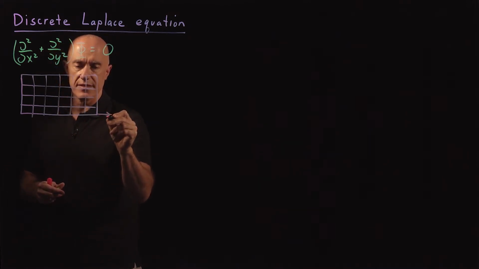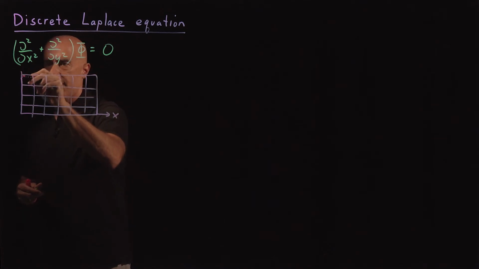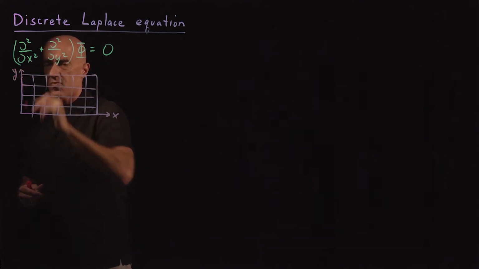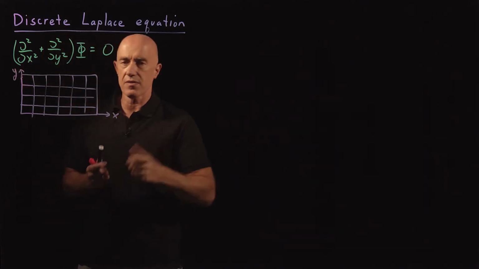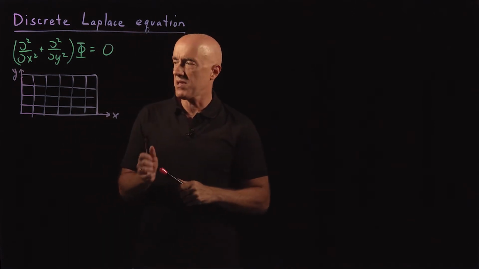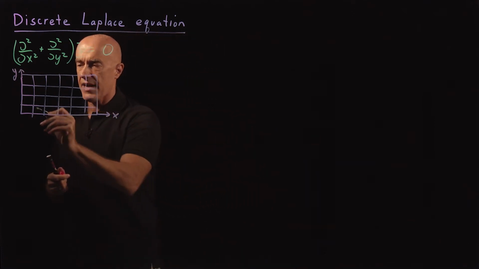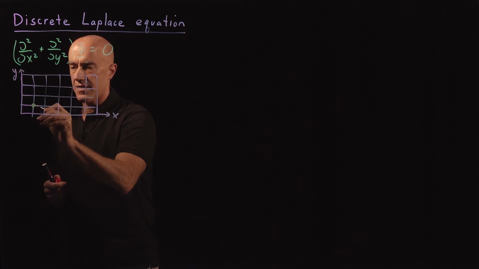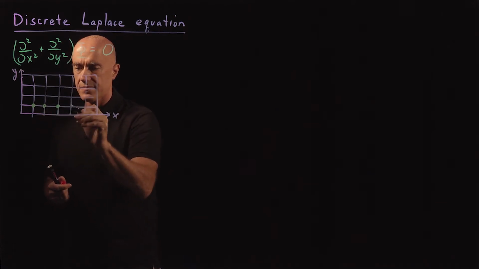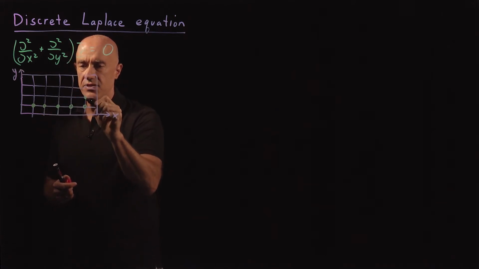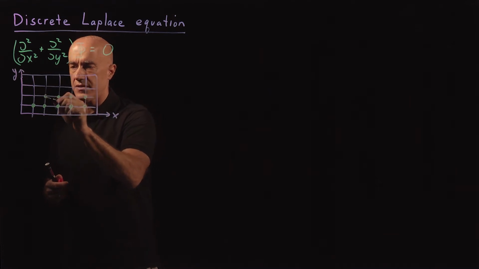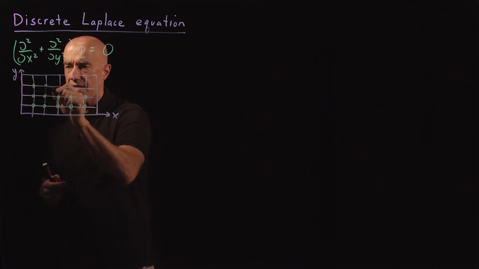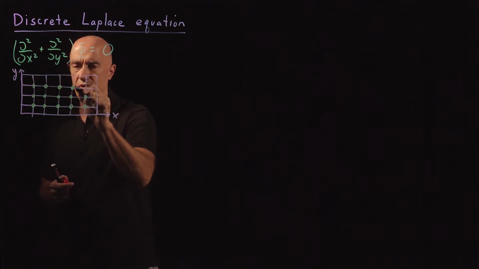Let's say this is x, and this way is y. The goal of solving the Laplace equation is to find its value at these grid points here. These are the interior grid points. And we want to find the value of phi at those points.